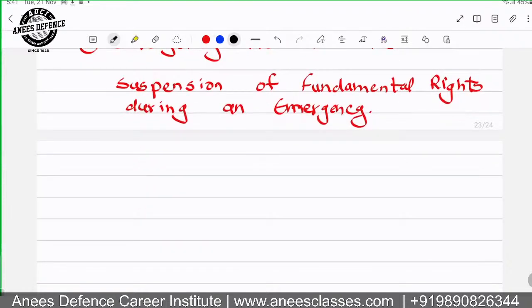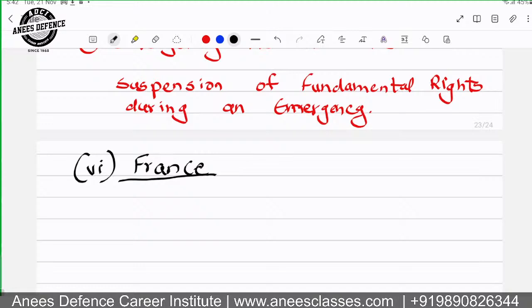France. From France, we have adopted the ideal of republic. France was the first European country to declare itself as a republic after the French Revolution.